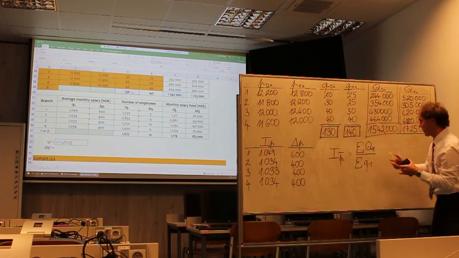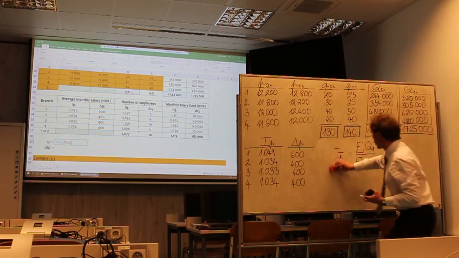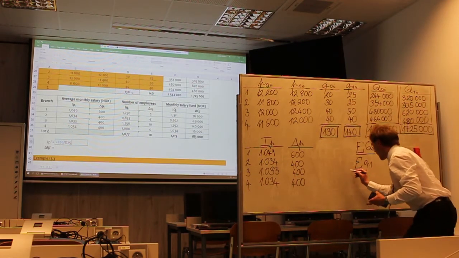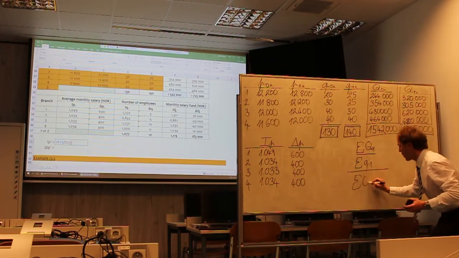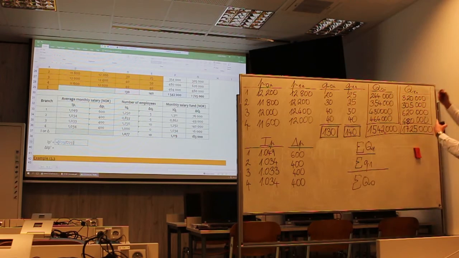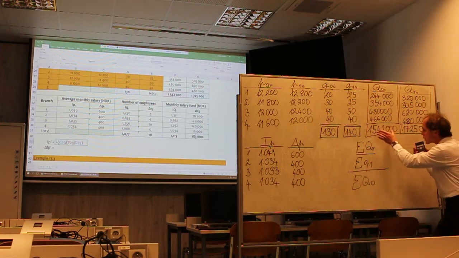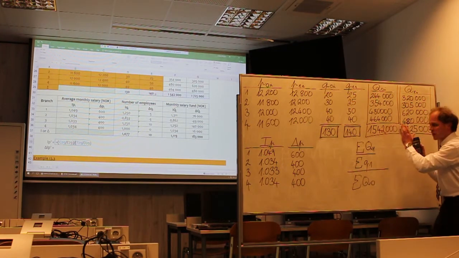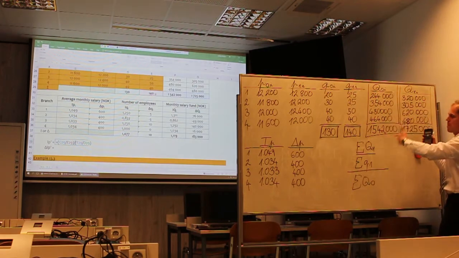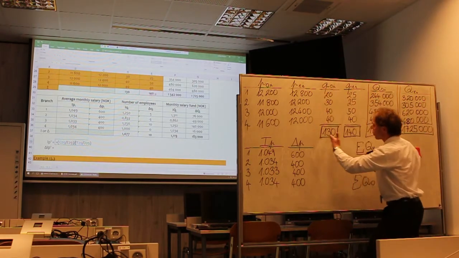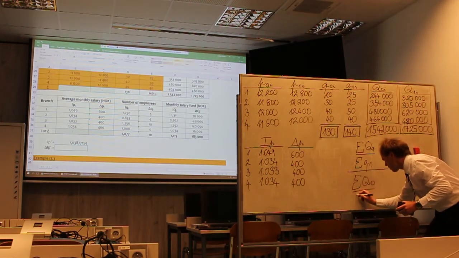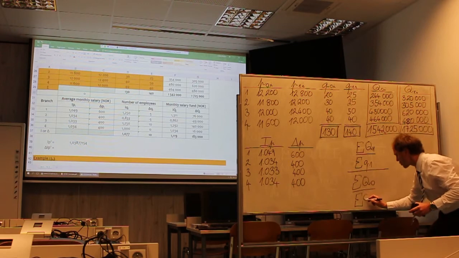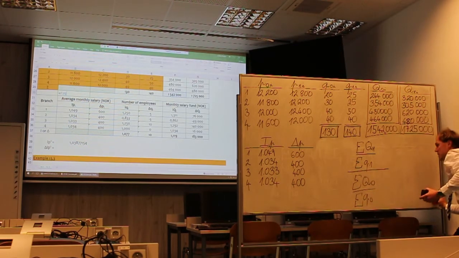The numerator and denominator of this index will be summation of capital Q0, all monthly money fund which you need in year 2010 for all your employees, divided by total number of your employees, summation of small q0.